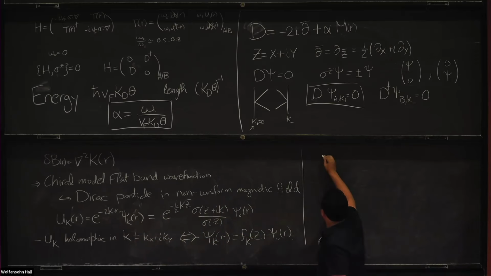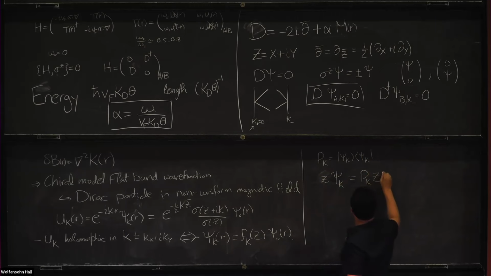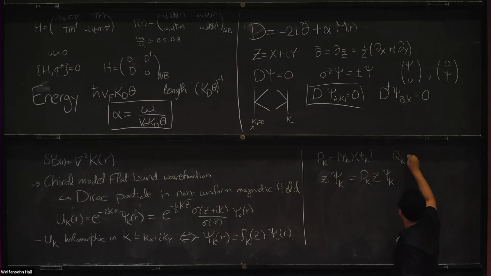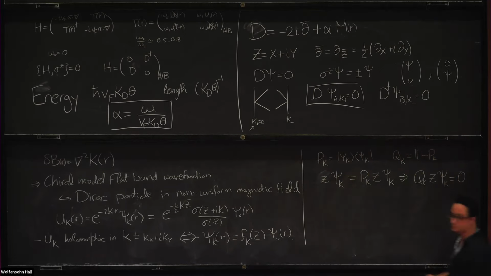So if P of K is the band projector at point K, then Z times psi of K is the same as P of K, Z times psi of K. Or if I define the dual projector, 1 minus P of K, called Q of K, this statement means that Q of K, Z psi of K is 0. Is this step clear, or are there questions?